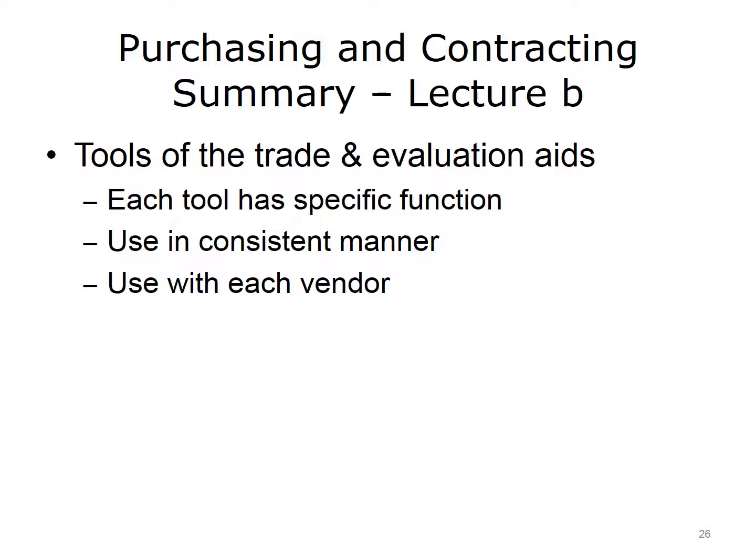You may only use 1 or 2 of these tools because the size and complexity will drive the utilization. Additionally, you always have the option of developing your own tools as well. Remember that any tools or aids you do choose to utilize should be used in a consistent manner and with each potential vendor in the process to gain the best chance of obtaining an apples-to-apples comparison of various products.